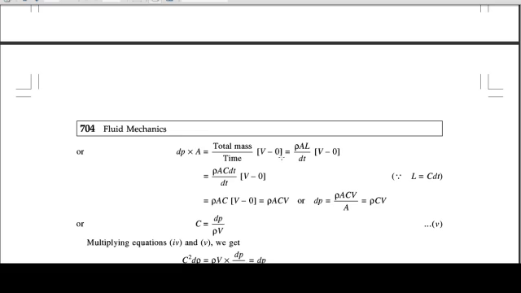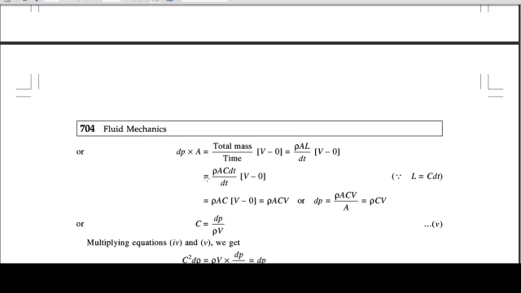So total mass means rho A L upon time, here we are considering dt. Then change in velocity means V minus 0, final velocity minus initial velocity, where initial is 0 and final is V.